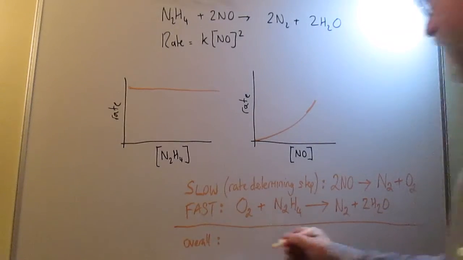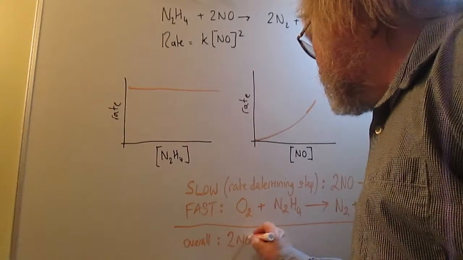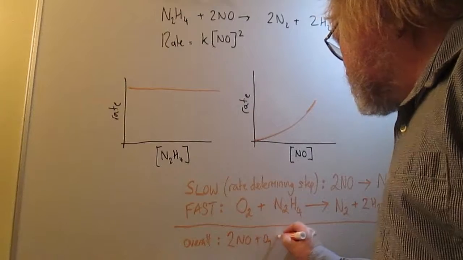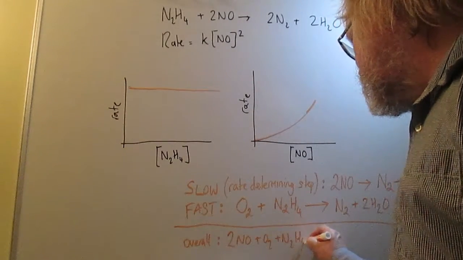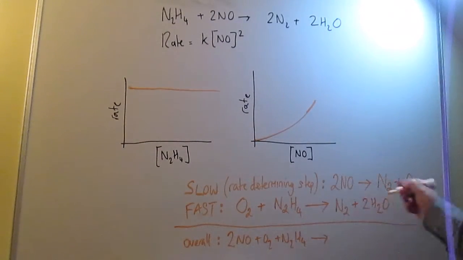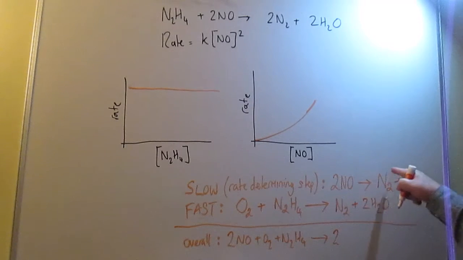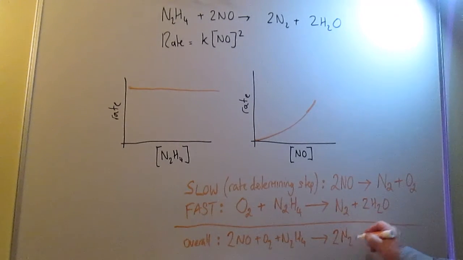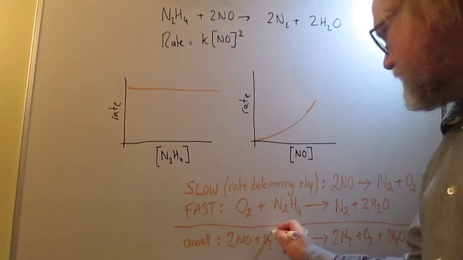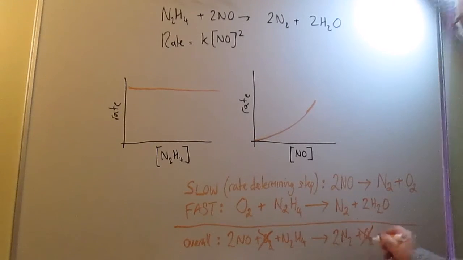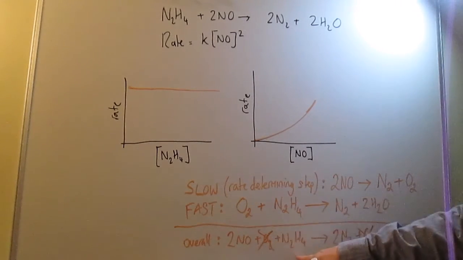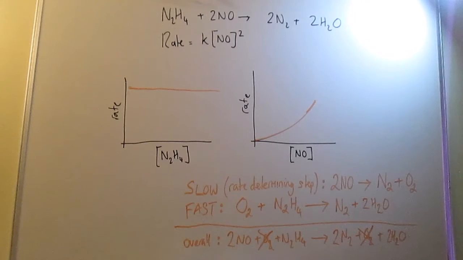So if we add that lot together, we get 2NO plus O2 plus N2H4, that's adding the two left-hand sides together, will give us 2N2, because we've got one there and one there, plus O2 plus 2H2O, and then generally there'll be something to cancel, and in this case you can see it's the O2, so that drops out, and we are indeed left with 2NO plus N2H4 goes to 2N2 plus 2H2O, which is what it should be.